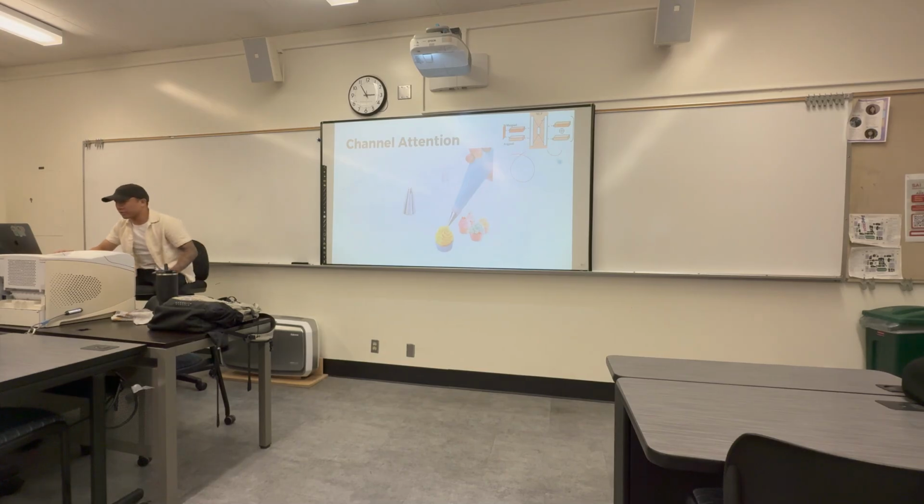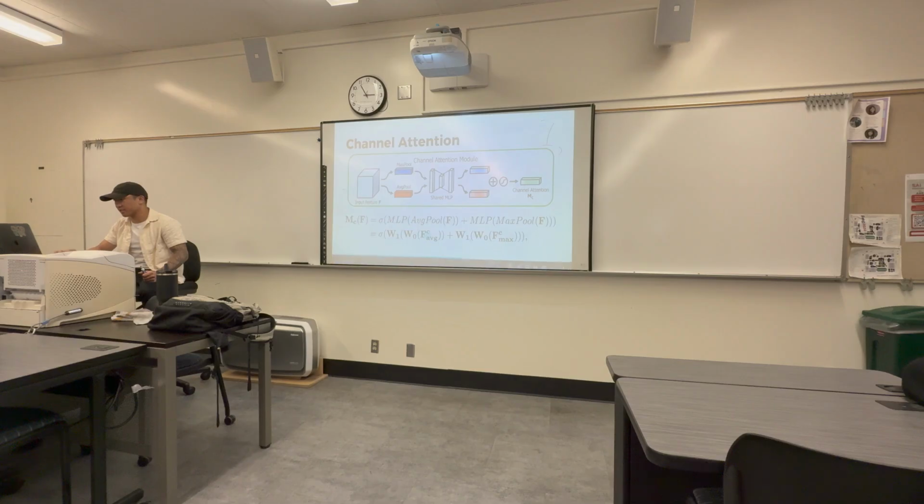So that's why I included that. If it was different, I assume it would say W sub 1, W sub 2, or whatever, and this would be a different one. But it's a shared MLP.